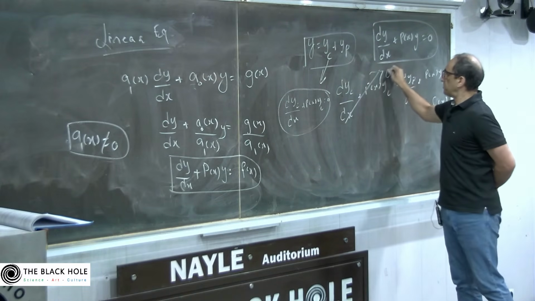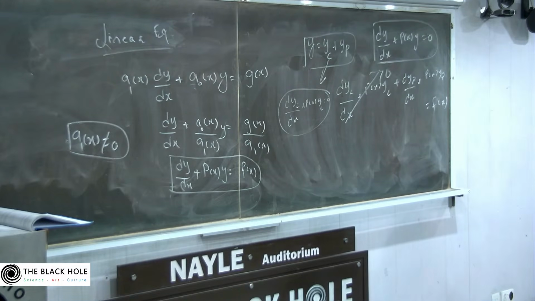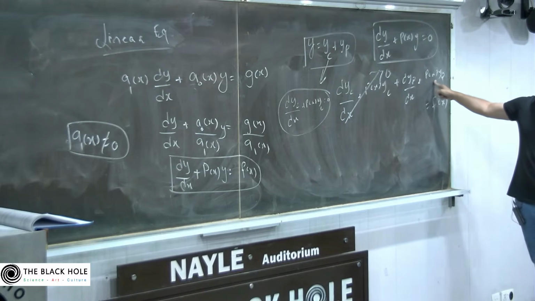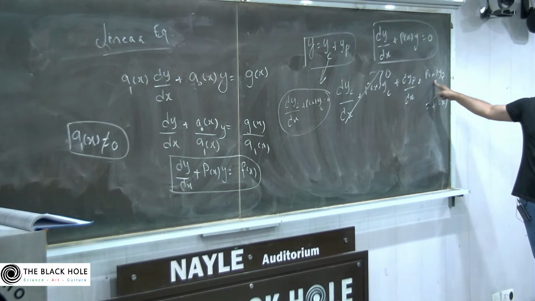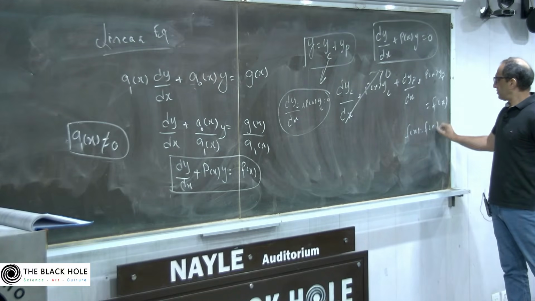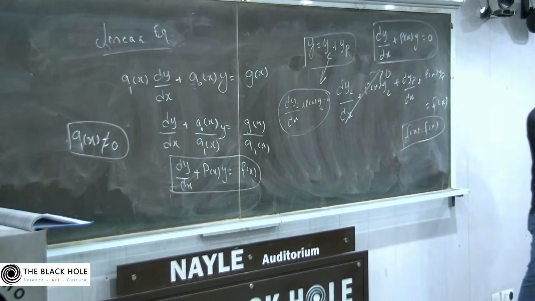So this becomes 0. And now you have dyp over dx, and this is the solution of what? The non-homogeneous part. So f of x is equal to f of x, and hence proved.